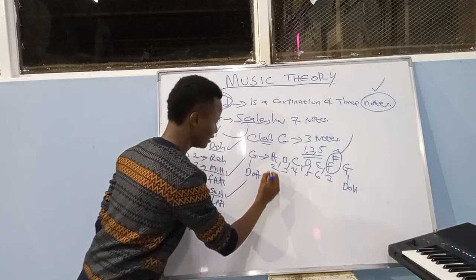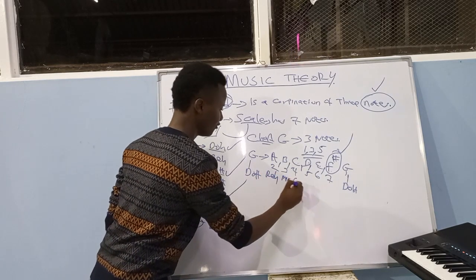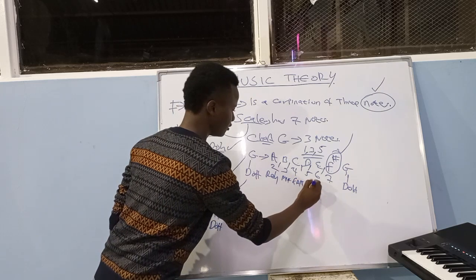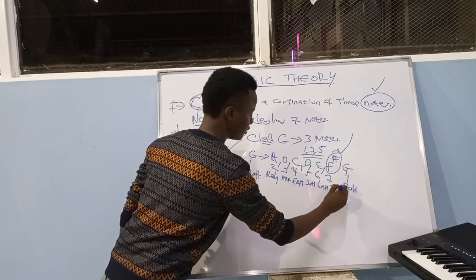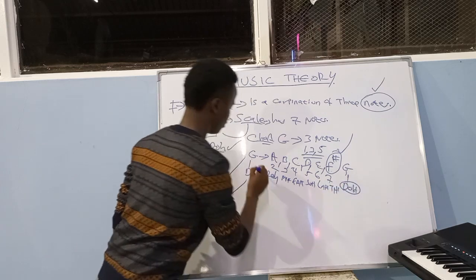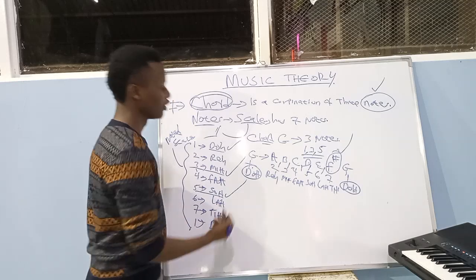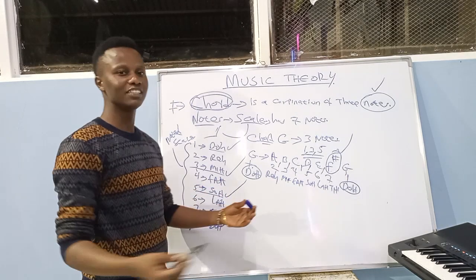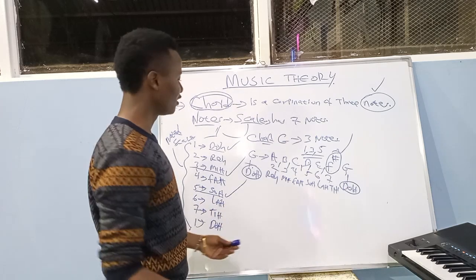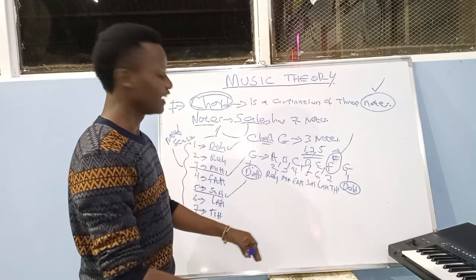We go to re, it will be our 2. We go to mi, fa, so, la, ti. Then back to do. That is do, re, mi, fa, so, la, ti, do. So instead of using the main terminology, when you are playing, saying I'm playing G, I'm playing A, I'm playing B, it is simpler.